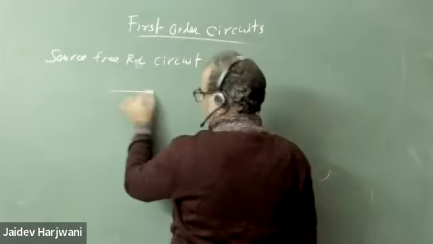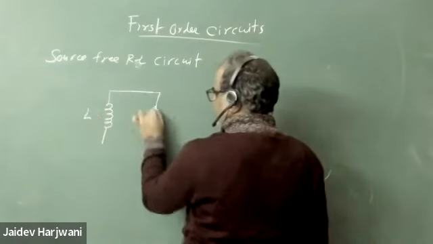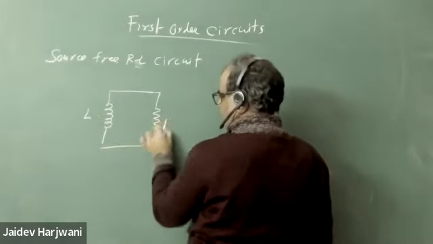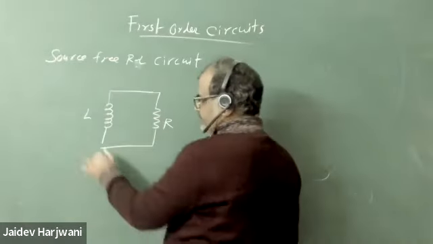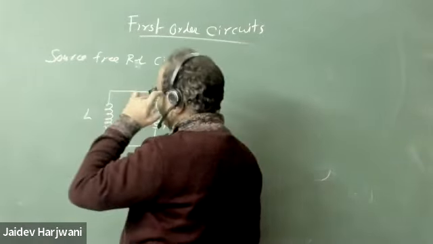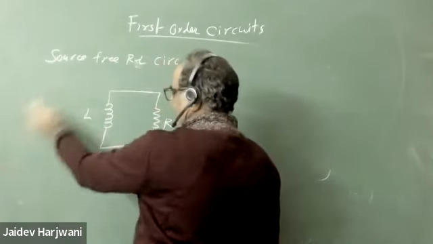Source free RL circuit means you have an inductor L connected to a resistance R. At t equals 0, I am removing the source.